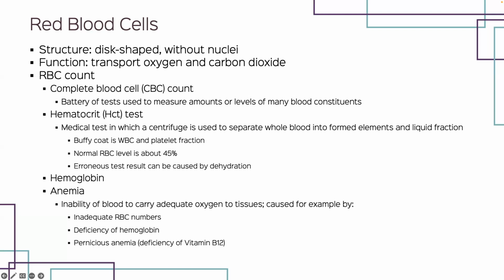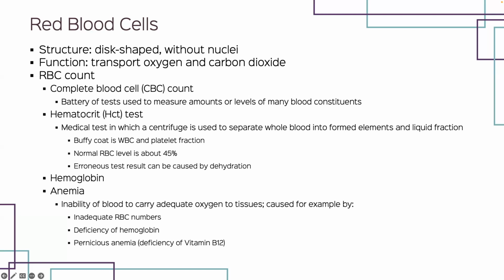So during the procedure, red blood cells are forced to the bottom of the tube first. The white blood cells and platelets will then settle out in a white colored layer called the buffy coat. The hematocrit test will then give the proportion of the red blood cells to whole blood.